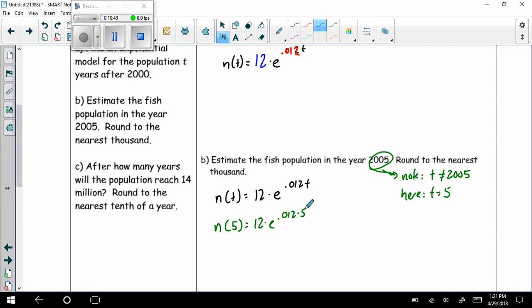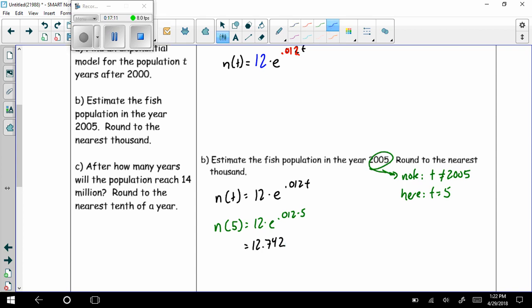And 12 times e to the 0.012 times 5 looks to be about 12.74, and we're rounding to the nearest thousand. So it's 12.742. And notice I'm saying nearest thousand, not nearest thousandth.